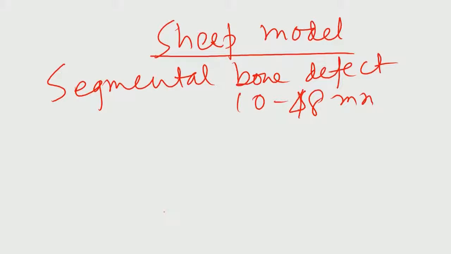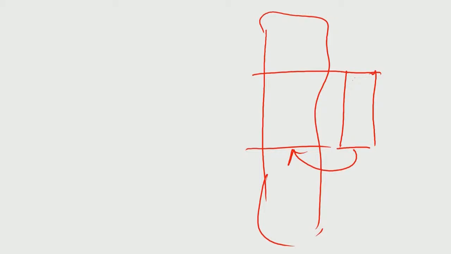Suppose we have a large bone structure, and you cut this part of the bone, then you have a cylindrical implant. You can insert this implant at this bone defect, and this is where there is something called a critical size defect.